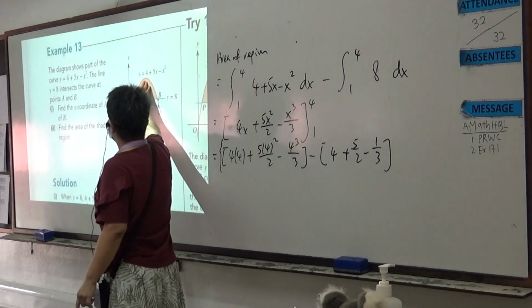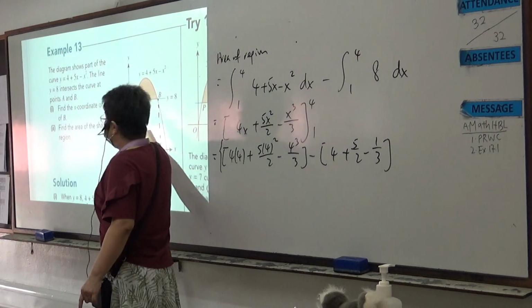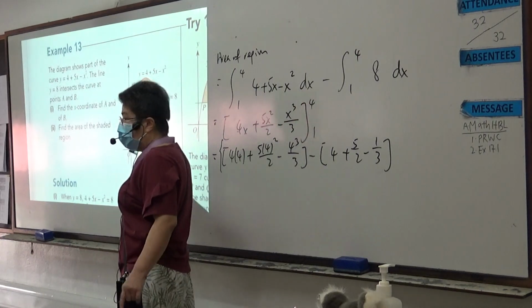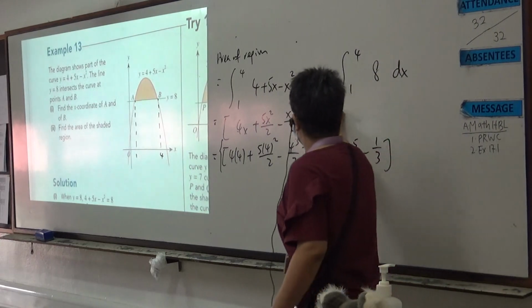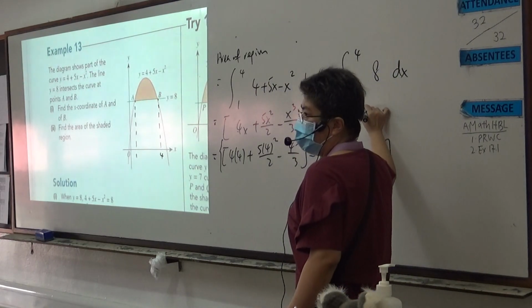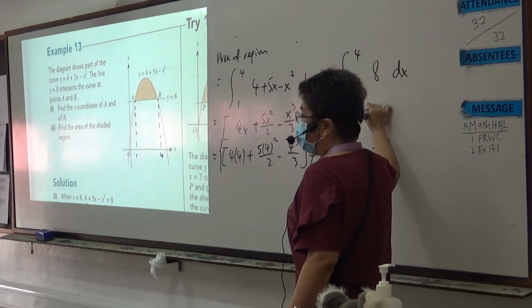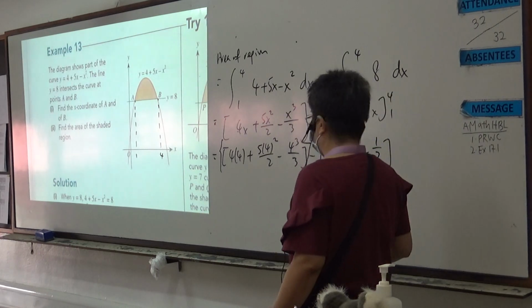You can take the area under the graph minus the area under the line. Area under the line will be integrate 1 to 4, 8. Understand? So what will this be? Integrate 8 becomes 8x. Very good. So 4, 1.